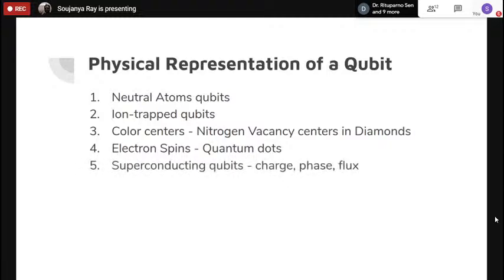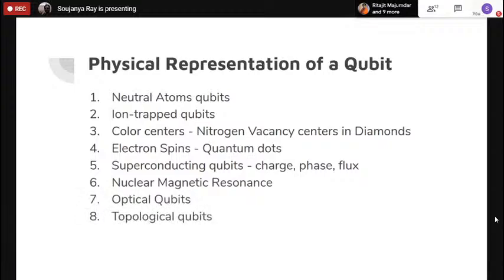Now, superconducting qubits are a result of exchange of charge, phase, and flux. And then you have nuclear magnetic resonance qubits, optical qubits by photons, and lastly, topological qubits. Now, this is a very big information slide, and I just want you to know that though there are many ways of representing a qubit, the underlying theory and underlying maths is the same for all.